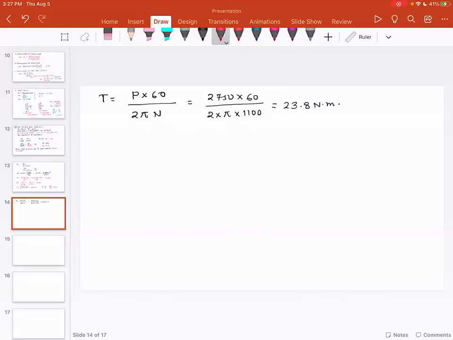Now Wt is equal to torque divided by the diameter of the pinion by 2. Please note that since the gear and pinion are made of the same material, we are going to use the diameter of the pinion. So that is 23.8 times 10 to the power 3 divided by 80 divided by 2. That gives us 600 newtons.